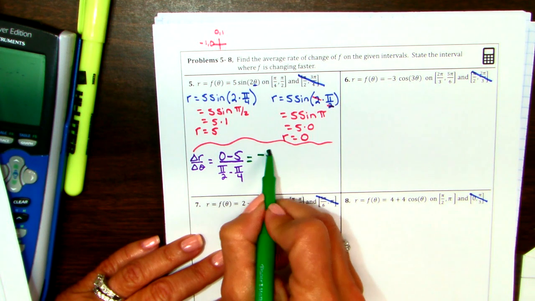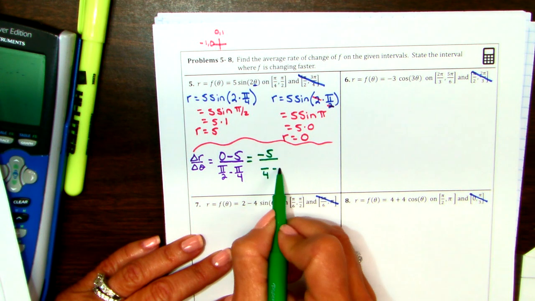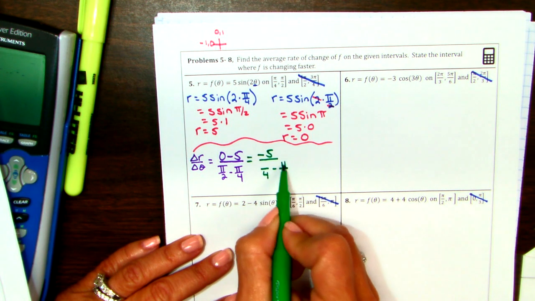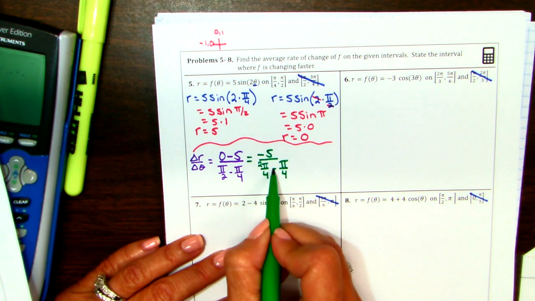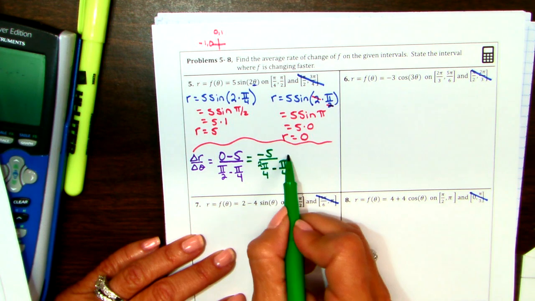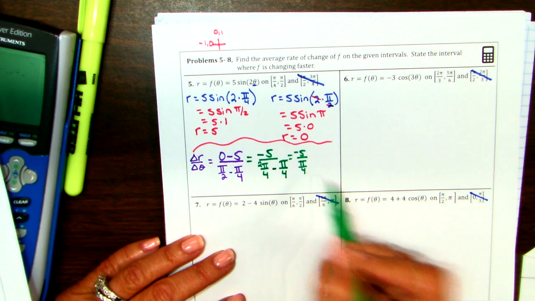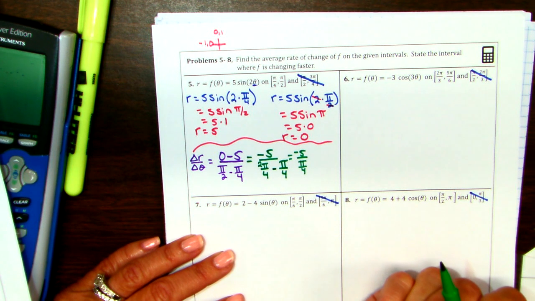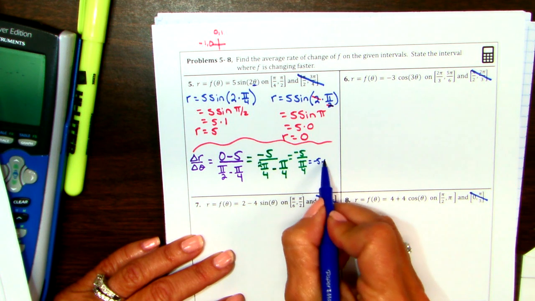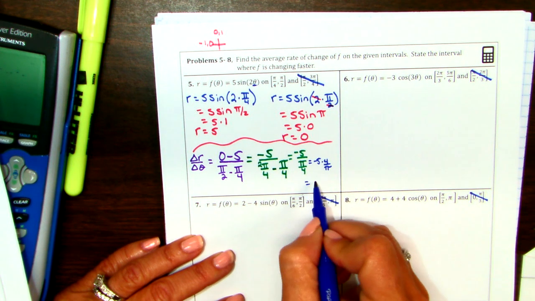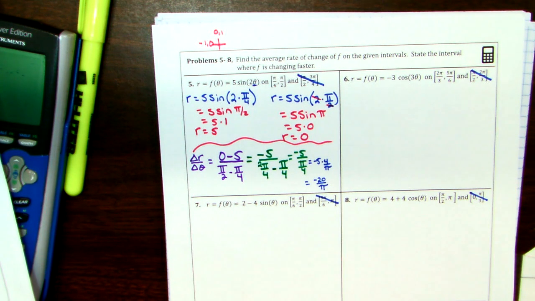We get negative 5 on top. We need a common denominator on the bottom, which would be 4, so we get 2 pi over 4. Keep, change, flip. We get negative 20 over pi.